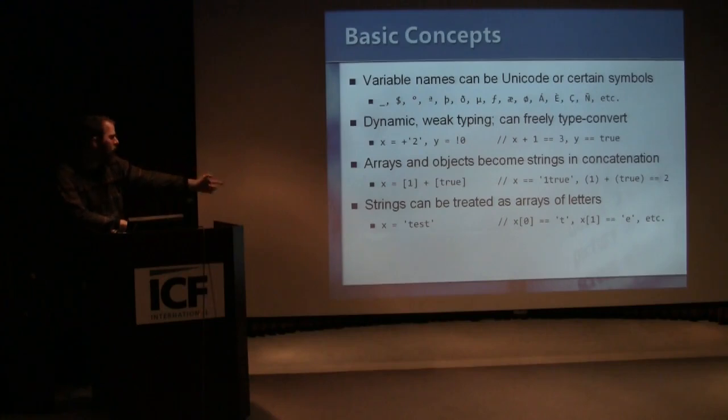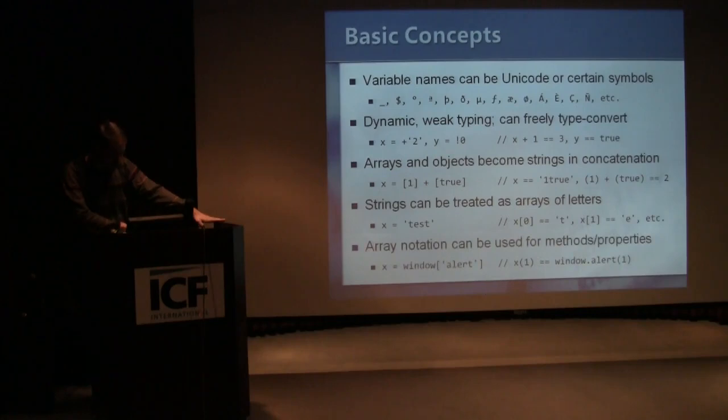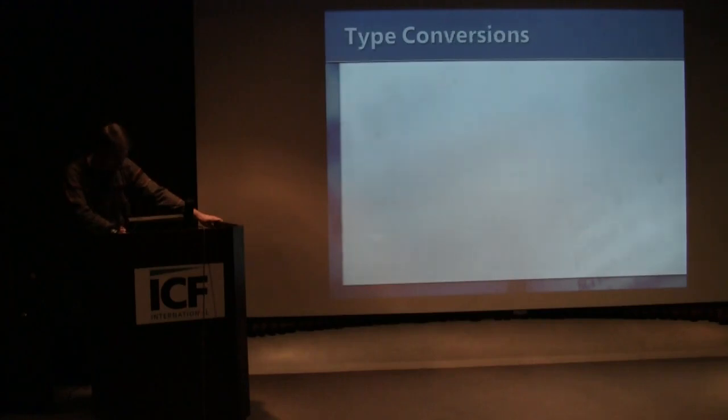So if you have one string to start with, you can build other strings using the individual letters. With objects and with methods and properties of objects, typically you see the dot notation, window.alert, when you're doing JavaScript, but you can also treat them like arrays and access the objects that way by calling them as a string. And so that becomes very important later on.